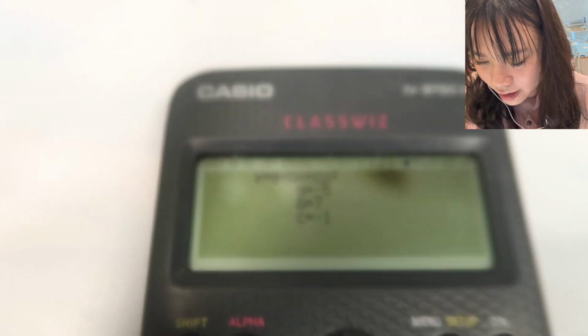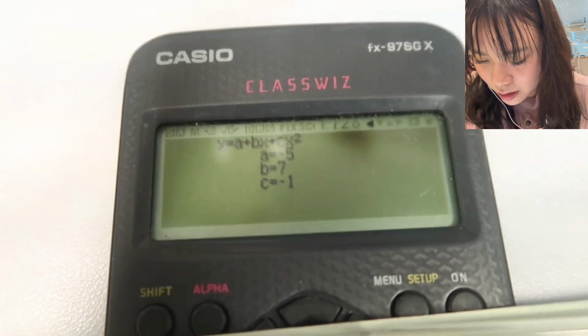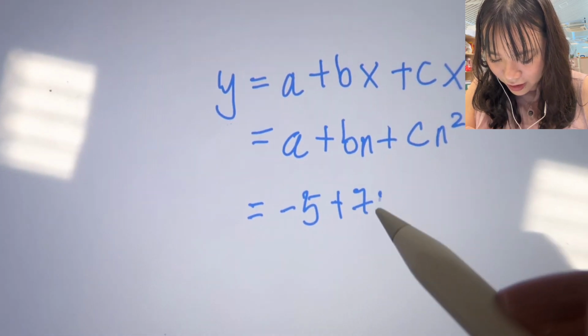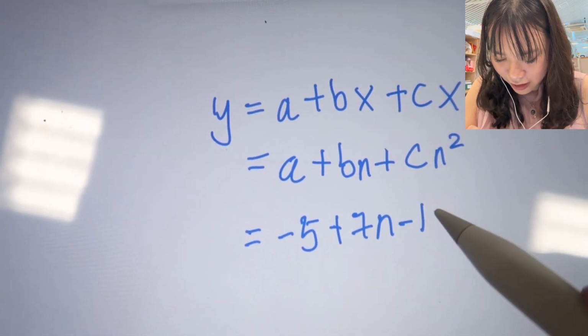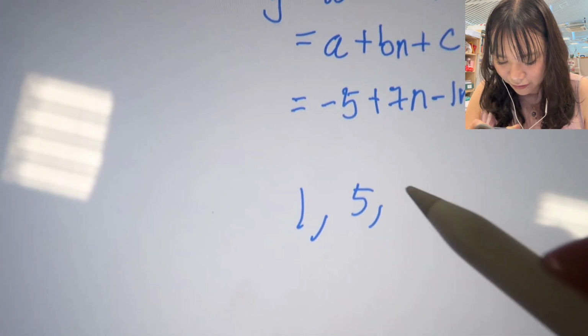So if a is equal to -5, we just substitute it in. b is equal to 7, so we substitute the 7 in. And c is equal to -1, so we substitute the -1 in. So what is the sequence 1, 5, 7?